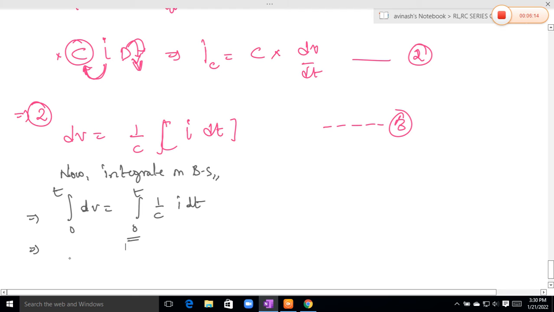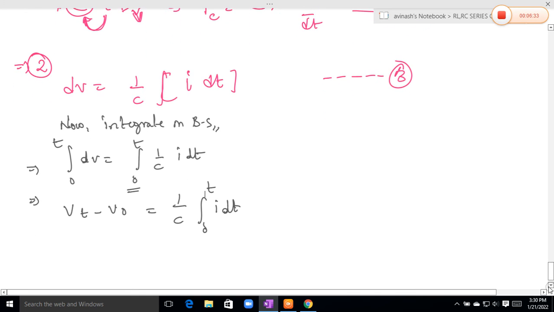That implies V of t minus V of 0 is equal to 1 upon C integral of I dt with limits from 0 to t. Let us rewrite this equation as V of t is equal to 1 by C integral 0 to t of I dt plus V of 0.